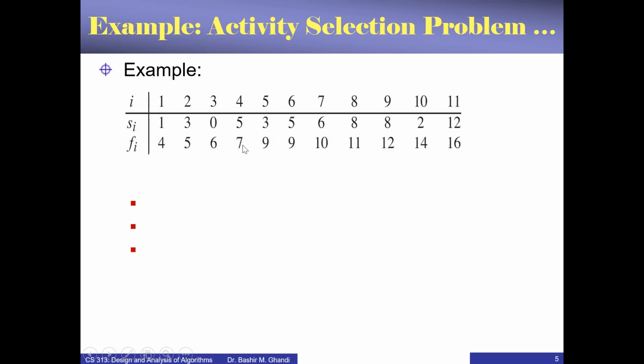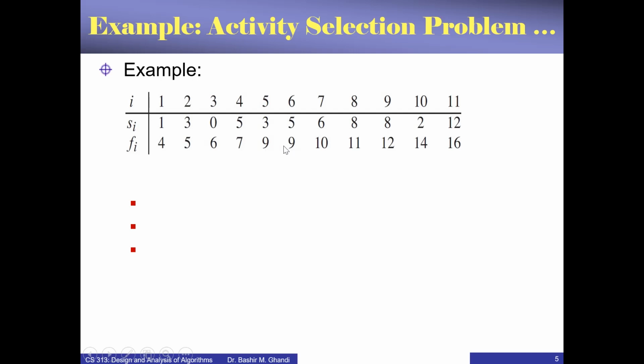I will use the word monotonically in a number of places within the lecture, so I would like to explain what that means. Monotonically increasing simply means non-decreasing. In other words, the next element may be equal, not strictly increasing. Like here, activity number 5 is finishing at 9, and activity number 6 is finishing also at 9.